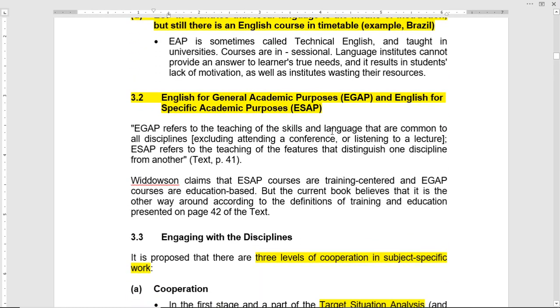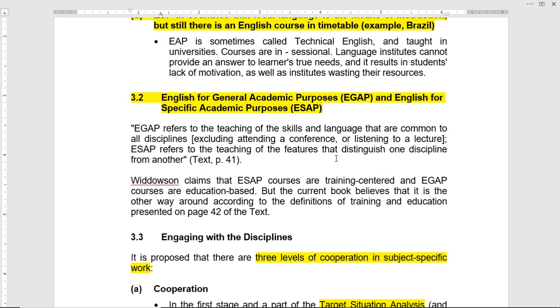Then English for academic purposes has two kinds: general academic purposes, and English for specific academic purposes. General academic purposes could include language that is common to all the disciplines. For example, attending lectures. There are general things for all the disciplines, the general English.